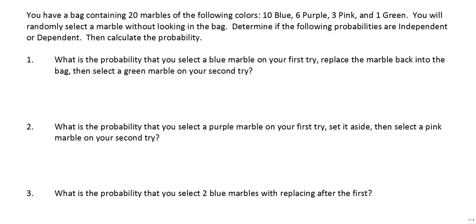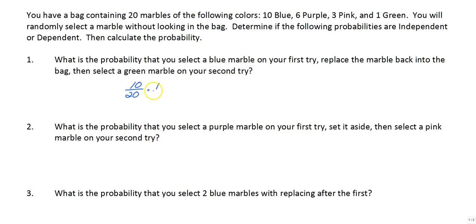This is independent. And the reason why is the first is you're going to select a blue, which is 10 out of 20. But then you're going to put it back in the bag, and now you still have 20 marbles in the bag. So what's the probability that you're going to select a green marble on your second try?